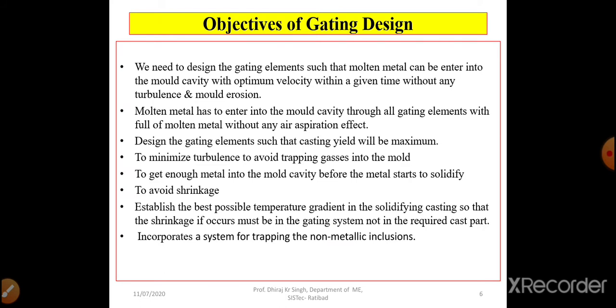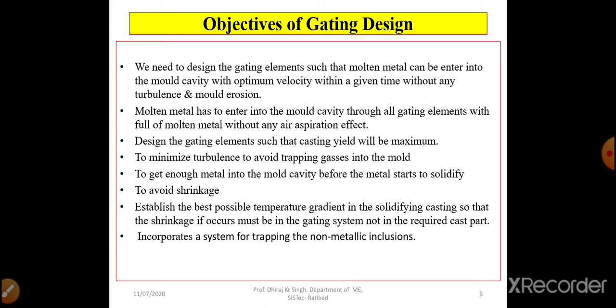What are the objectives of gating design? Why are we creating a gating design for pouring molten metal from the pouring basin, then sprue, then through the runner, then ingates, and finally into the mold cavity? And why do we use a riser? So what is the objective of gating design?